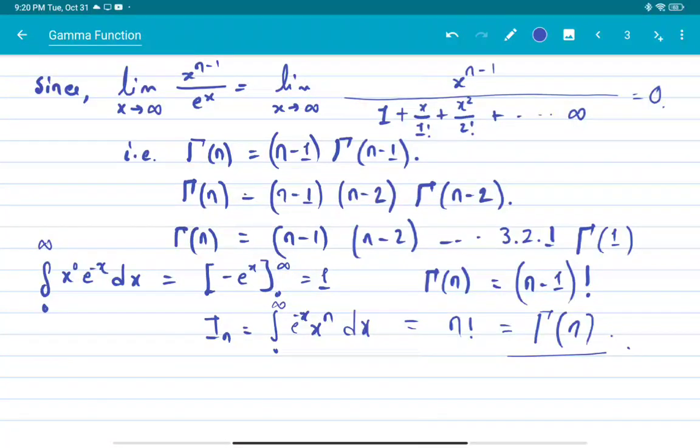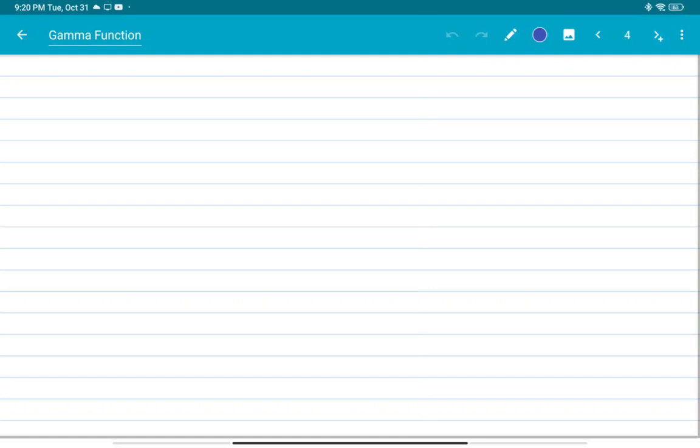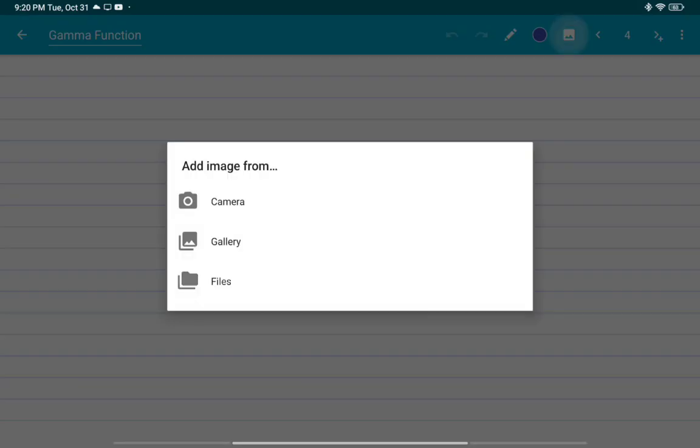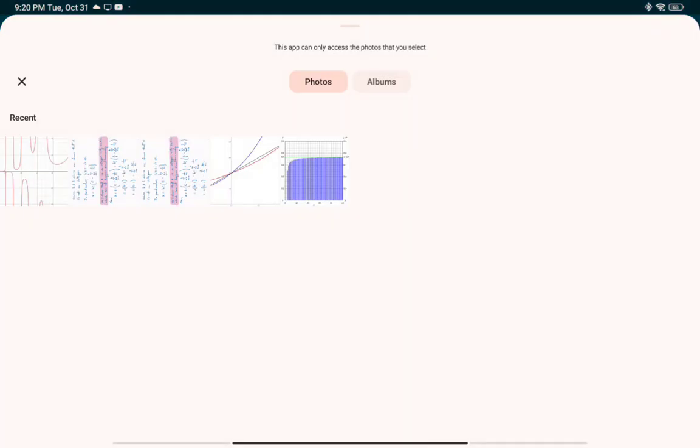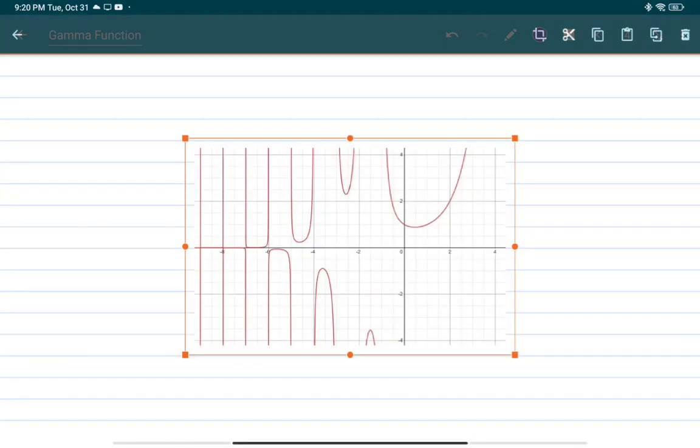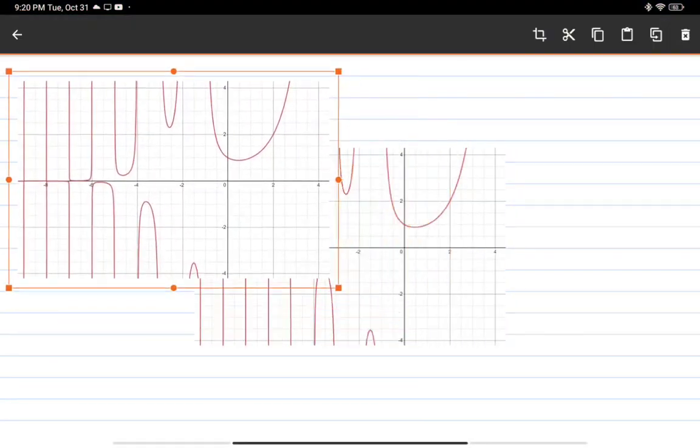So this is all about the gamma functions, and let me show you the graph of this function.